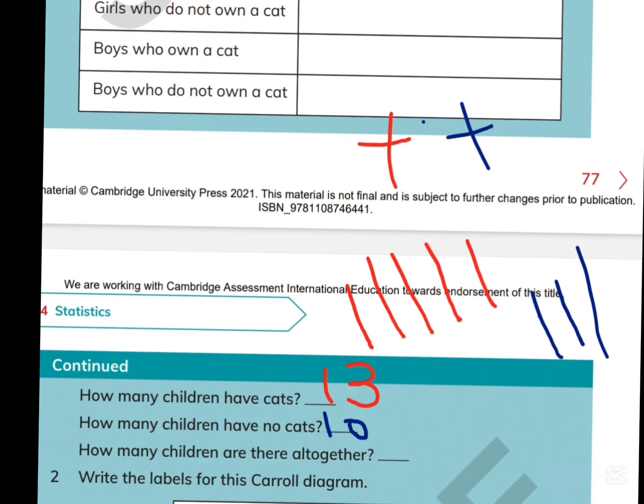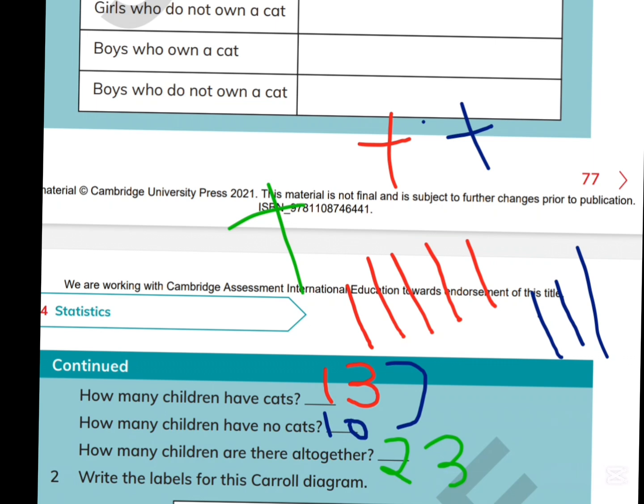How many children are altogether? So what will we do? We will just add both of these. This is easy. 13 and 10, there are 23 children altogether. When you have the word altogether in your question, it means you are following the addition strategy again.